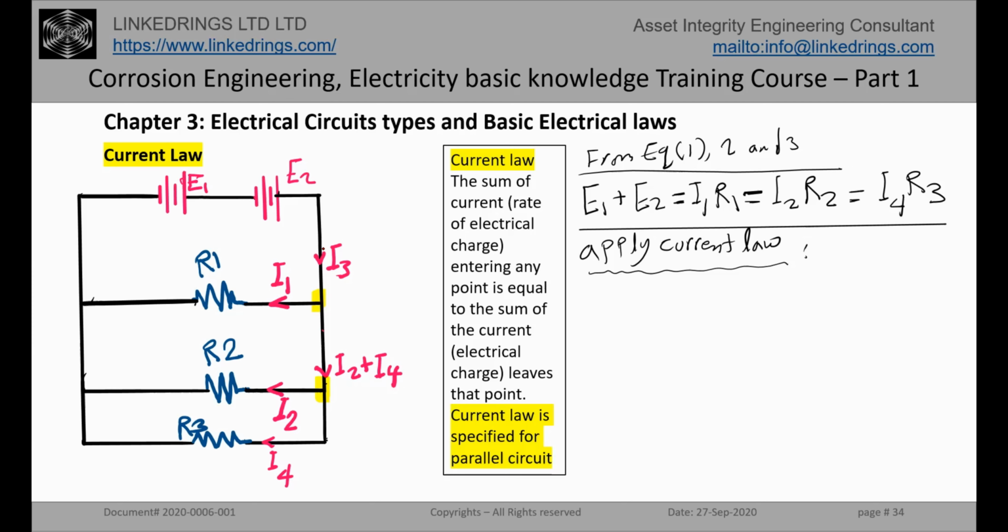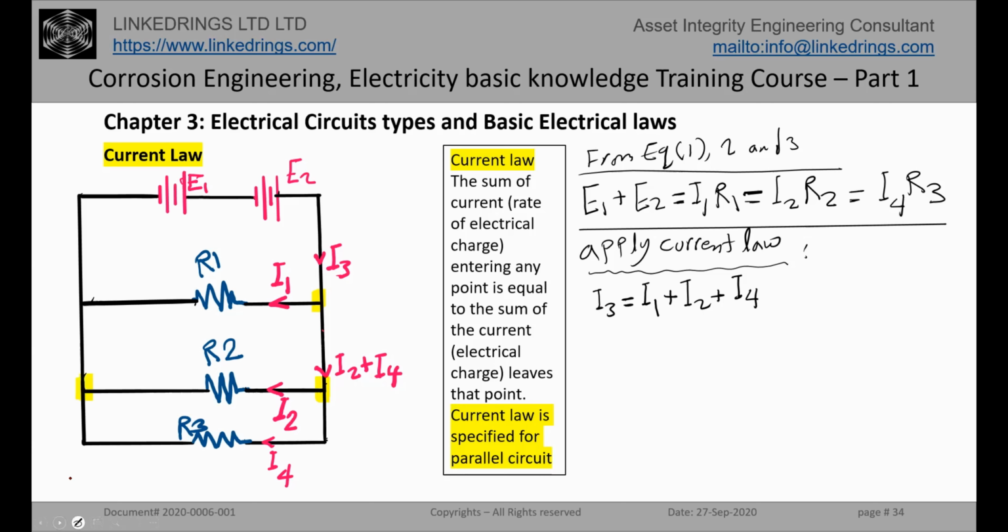This point has current entering I3, current leaving I1, and another current leaving I2 plus I4. So the current entering equals the current leaving. Current entering is I3, current leaving equals I1 plus I2 plus I4.